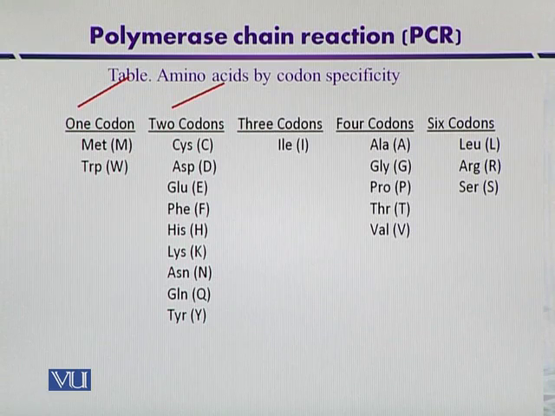Isoleucine is encoded by 3 codons, and similarly 4 codons are required for alanine, glycine, proline, threonine, valine, and there are some amino acids like leucine, arginine or serine that have 6 codons.